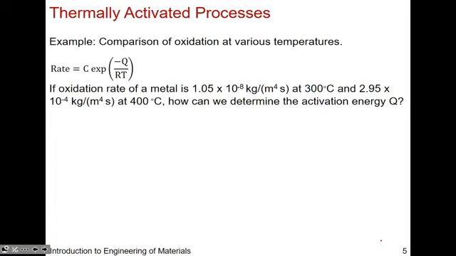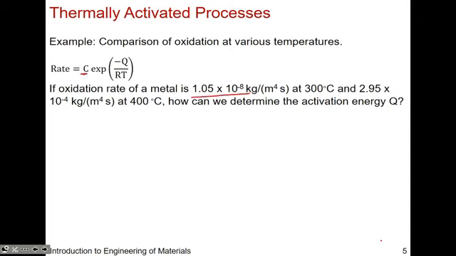So if you're given that the oxidation rate of a metal is 1.05 times 10 to the negative 8 kilograms per meter to the 4th second at a particular temperature of 300 C, and then at a different temperature, let's say 400, it's at a different rate, and you're asked to determine the activation energy Q.